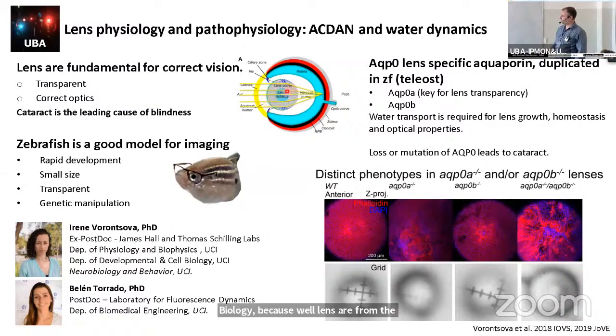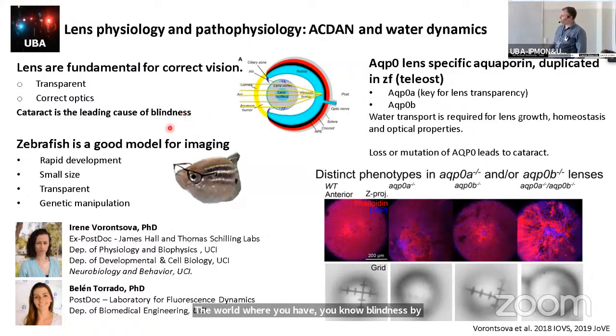So these are our biological lens to focus the light in our retina. And it requires really transparent conditions in order to form a proper image. And if you have any problem in the lens, like cataract, you will produce blindness. And this is one of the major causes of blindness in the world.